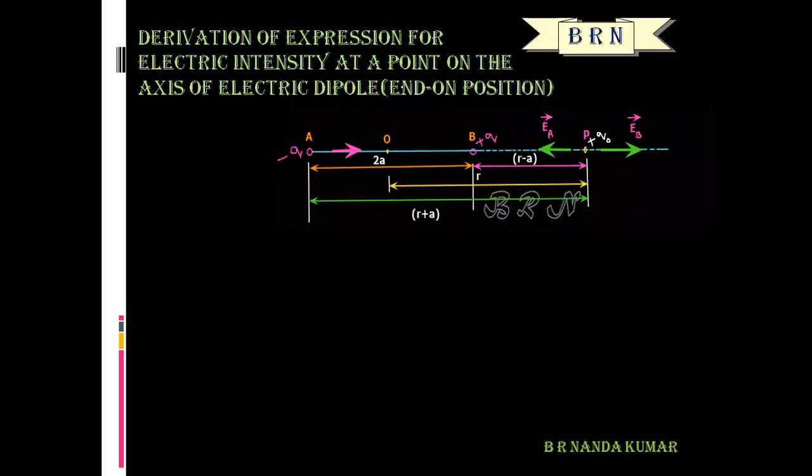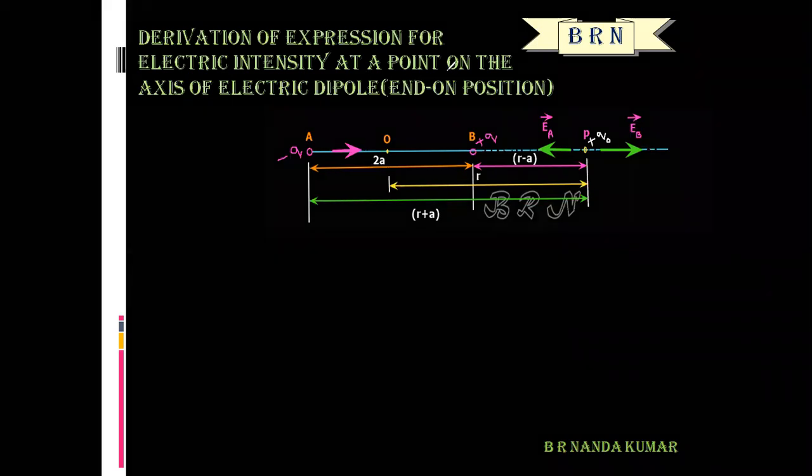Okay, first here let us consider an electric dipole. What is the meaning of electric dipole? A pair of equal and opposite point charges separated by a small vector distance. That is the meaning of electric dipole.